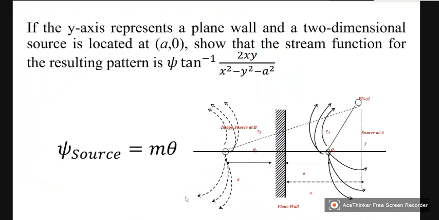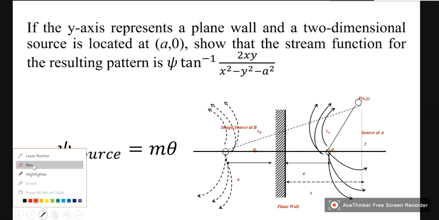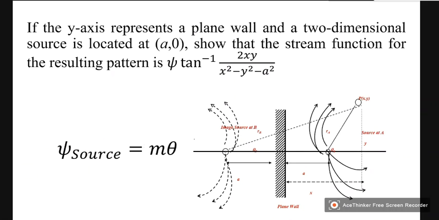So original source is here and an image source is here. So the expression for psi of source is m theta.